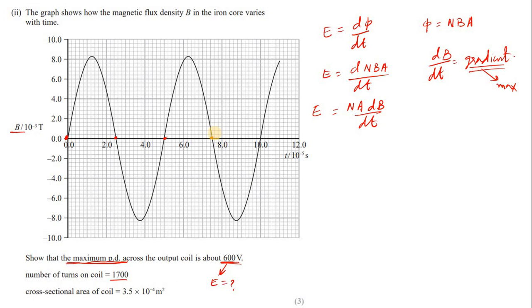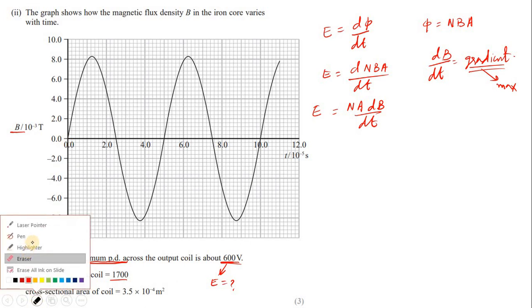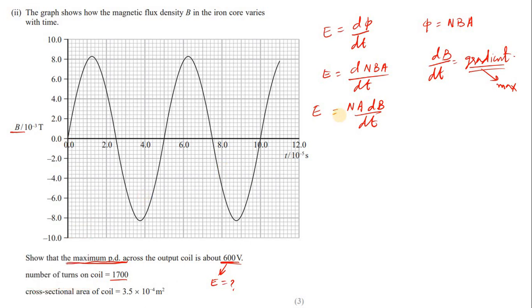You need to draw a tangent line on any one of these points. I would choose this one so that I can have proper values up and down. Let me draw the tangent line. That's how you draw a tangent line, and you choose 2 points. Let's choose this point here and this point.